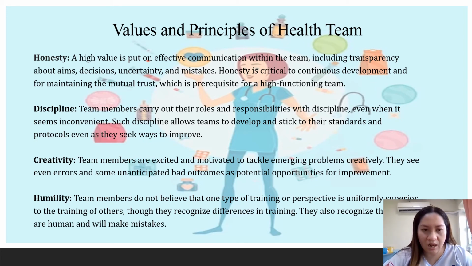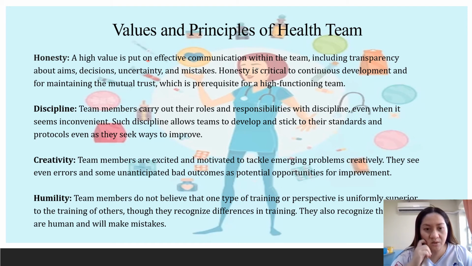Even if there's an error or anticipated risks, you would see how we will be able to overcome this, or how we'll be able to address or approach this risk that would be possible to happen. So how do we do it? The team must be communicating well and have that creativity within themselves.